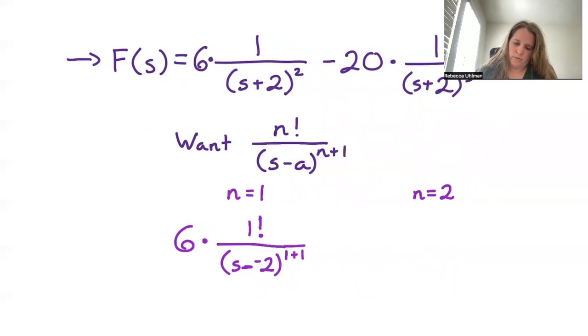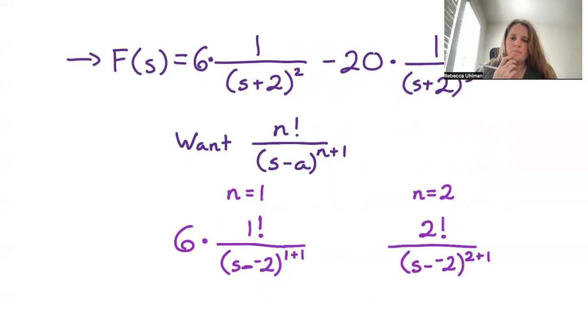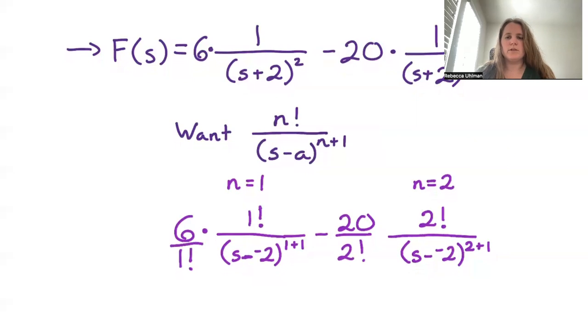The second one, we are aiming for 2 factorial over s minus negative 2 to the 2 plus 1. That 2 factorial accounts for times 2, so we have minus 20 over 2 factorial out front to counteract the 2 factorial we put in. Technically, we could write the first one as 6 over 1 factorial if we wanted.